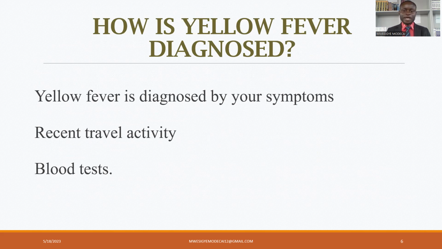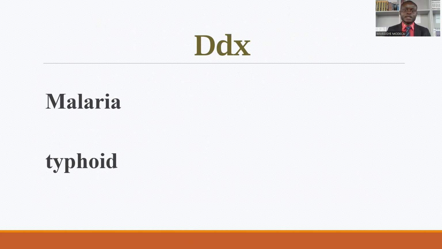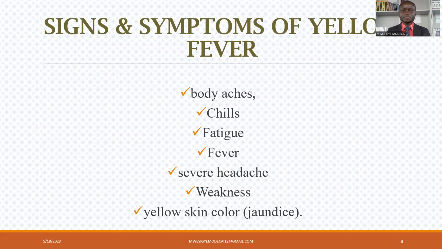You can take a blood sample for microscopy and be able to diagnose yellow fever. What are the differential diagnoses, or other conditions that may present like yellow fever? Commonly, there are two: malaria and typhoid. These two conditions typically have similar signs and symptoms to yellow fever.